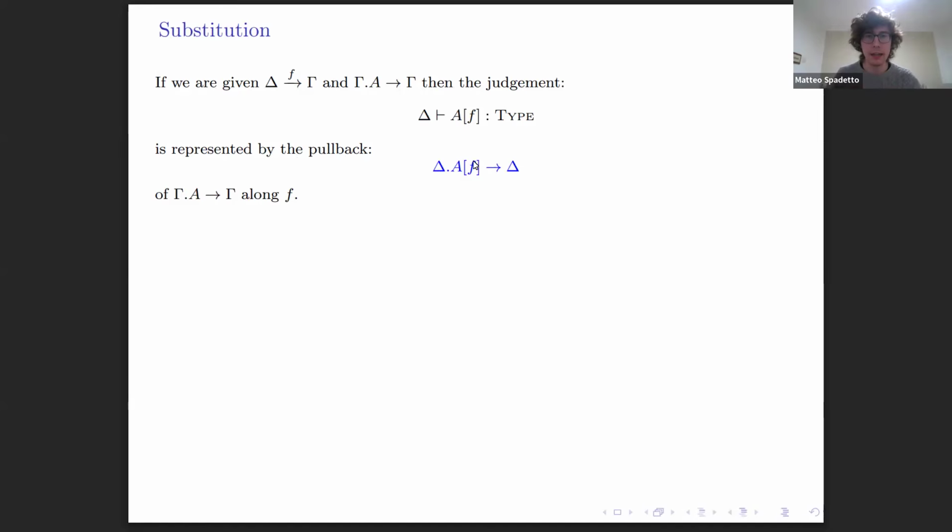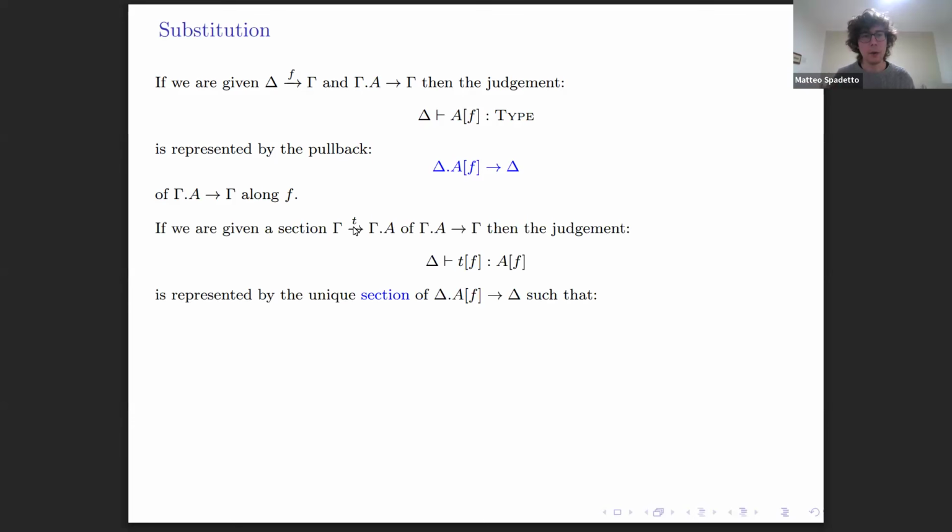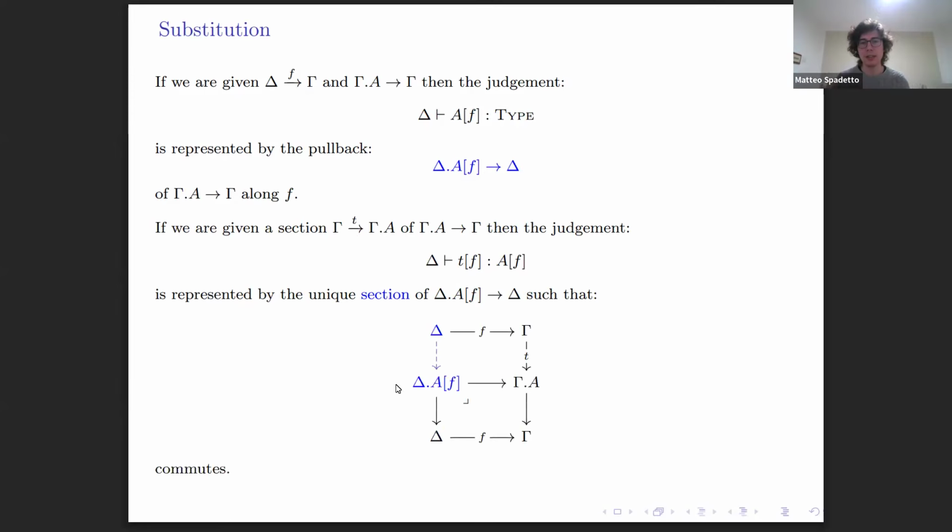Once you have a choice, then you define the interpretation of this type, assuming that this arrow already interprets a type A in context gamma, then the interpretation of this type will be this choice of a display map that constitutes a pullback square. And similarly, if you have a term T of type A, then the reindexed term judgment in context delta is represented by the unique section of the display map we have just talked about, such that the following diagram commutes, using that this square is a pullback.